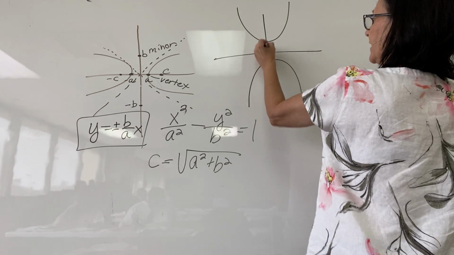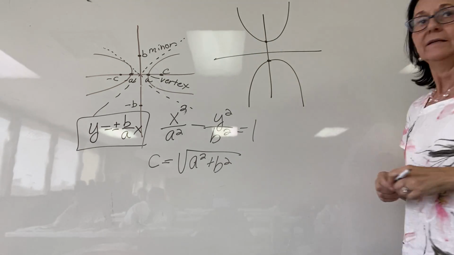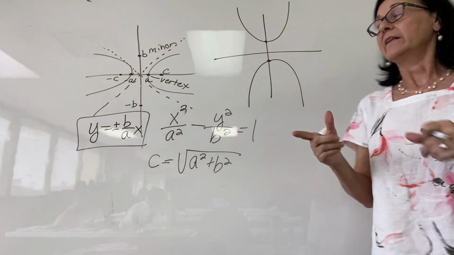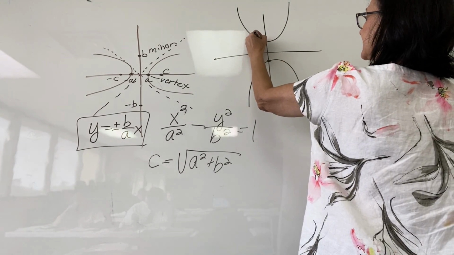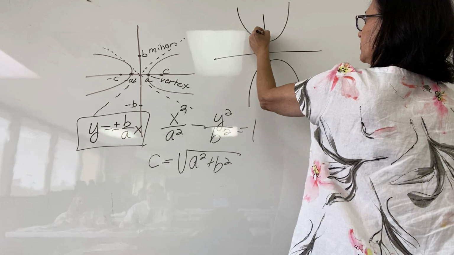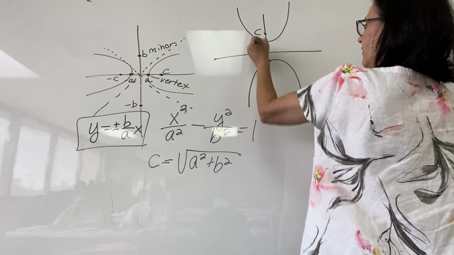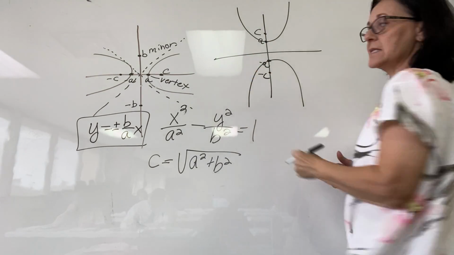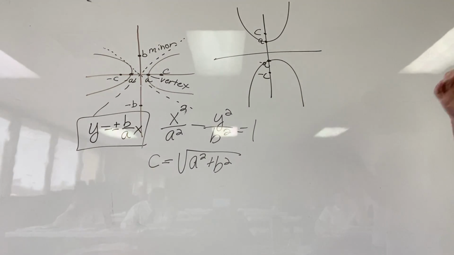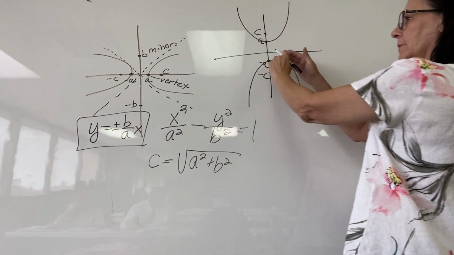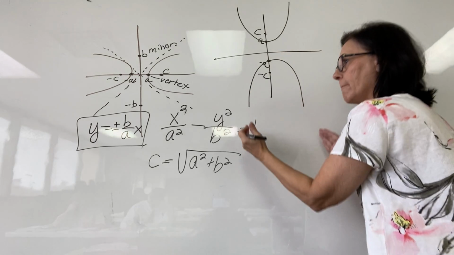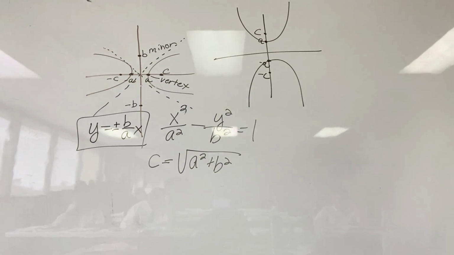If, on the other hand, the vertices lie on the y-axis, that's our A value. So our focus points still lie inside that curve. The hyperbola curves about the focus points, like the ellipse.